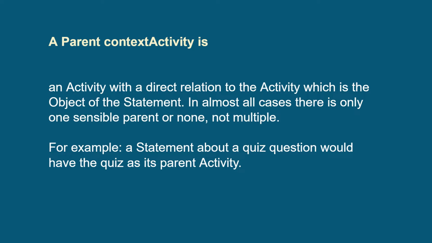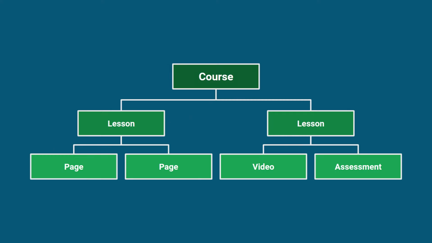So let's look at a couple graphics on the next few slides. This was on the title card where we've got a course. It has 2 lessons. The first lesson has 2 pages. The second lesson has a video and an assessment. So let's say we want to focus on a page. We're going to get an xAPI statement about this page, where the object of the statement is this page.